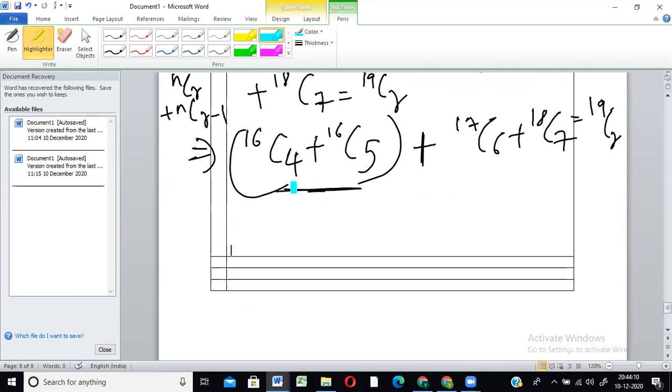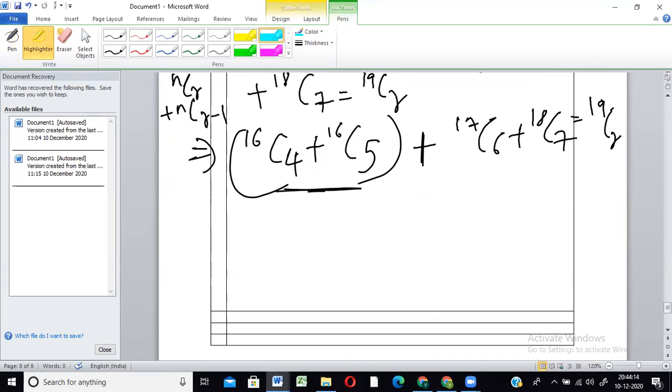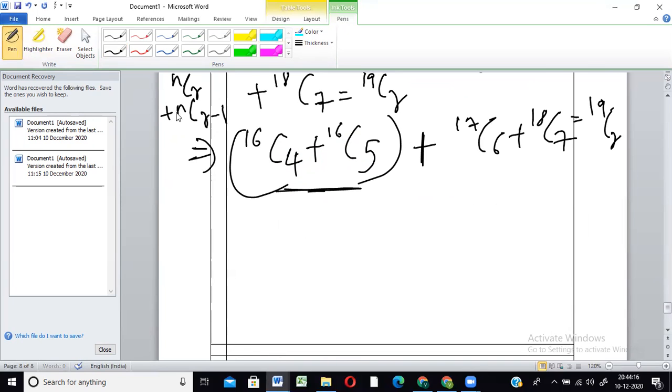Here n is there, and the value of r here is one less. So we will write that as n plus 1 Cr. Your n is 16, so n plus 1 would be 17. 17C5 plus 17C6 plus 18C7.